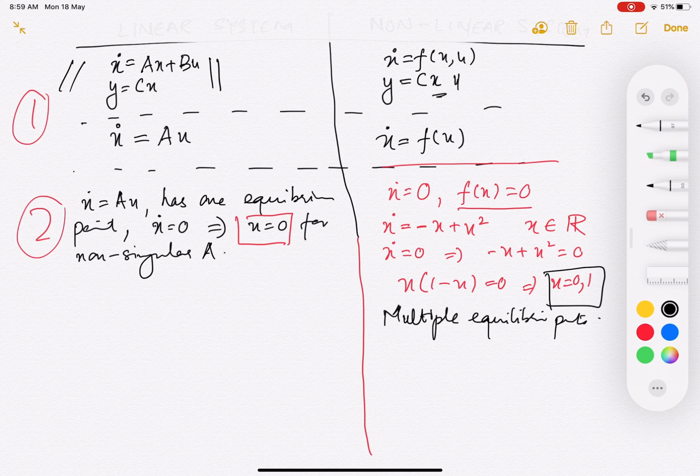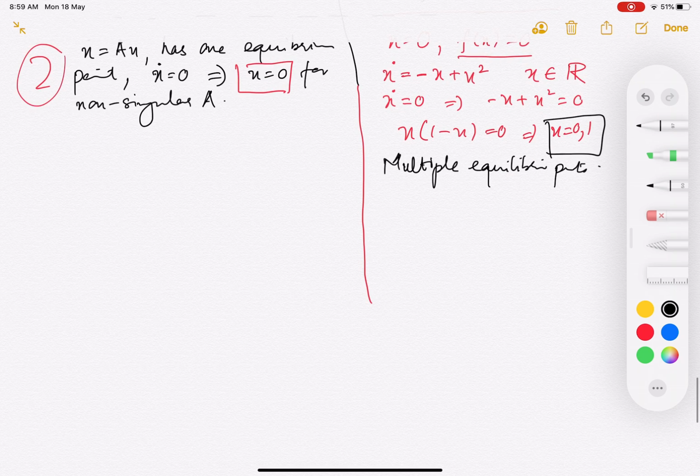Right? So that is why the notion of stability changes for nonlinear systems. How do you basically understand stability with reference to linear systems?